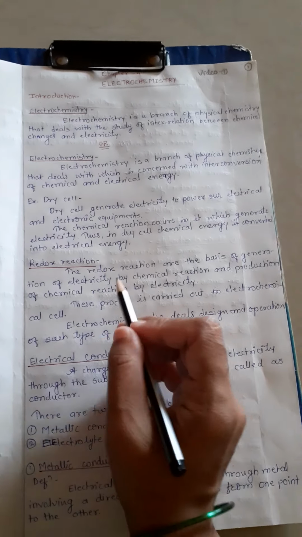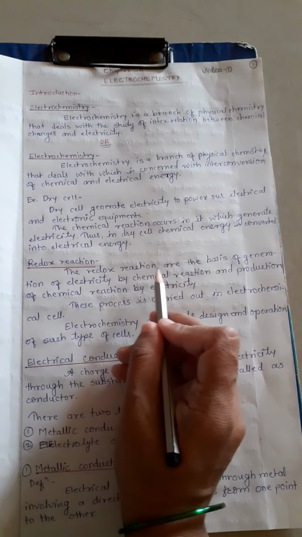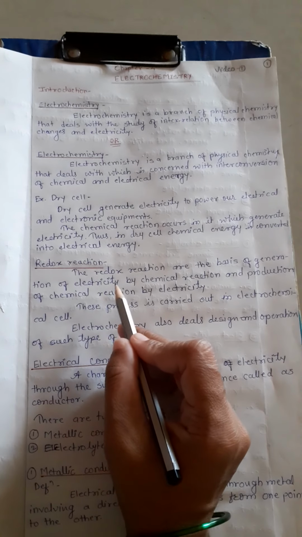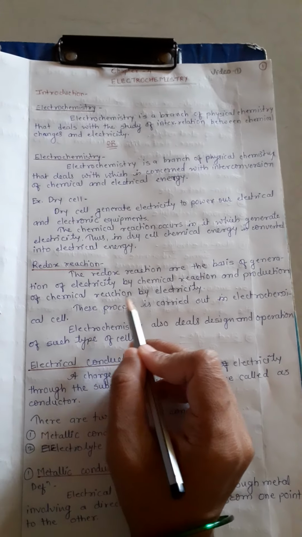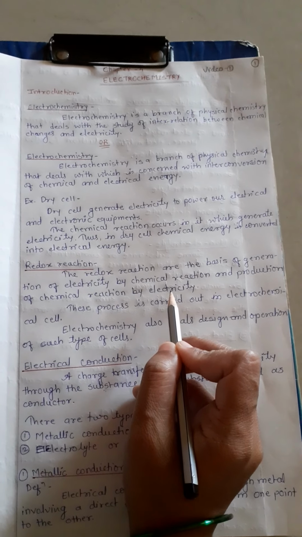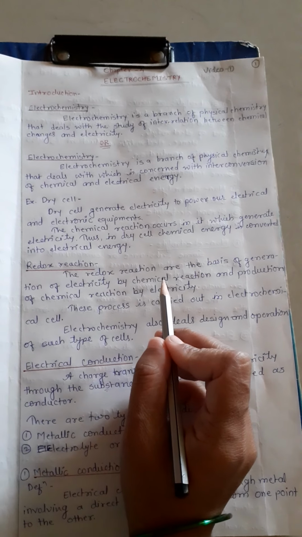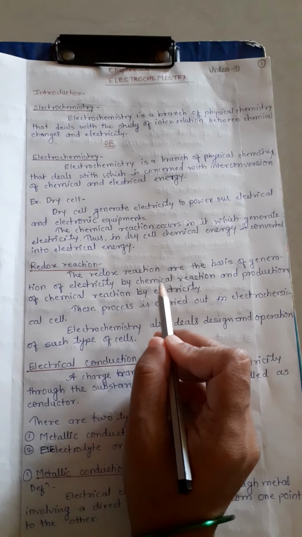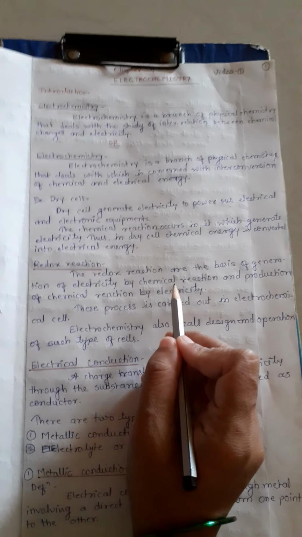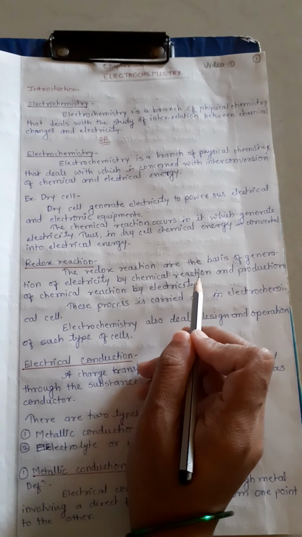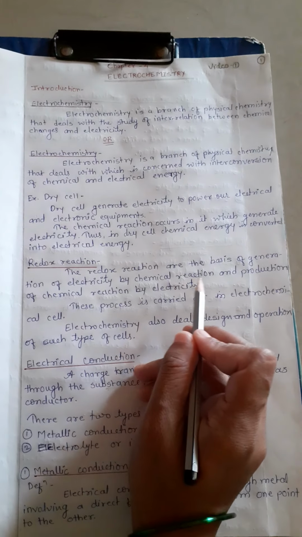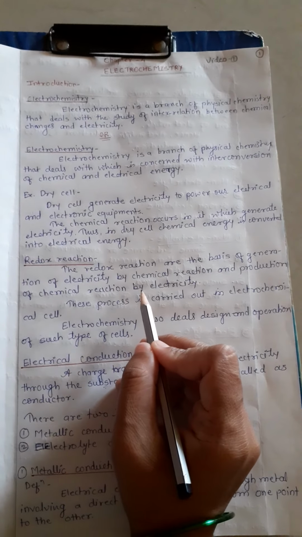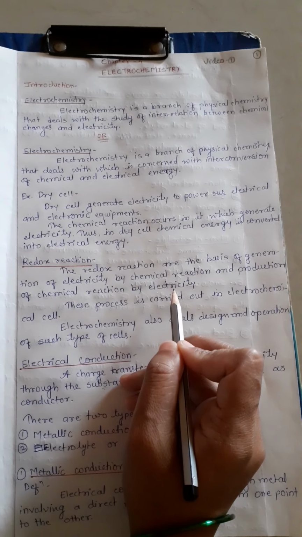So in electrochemistry the redox reactions are the basis of generation of electricity by chemical reaction and production of chemical reaction by electricity.